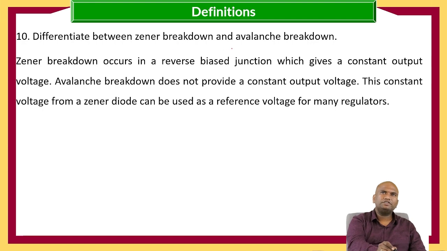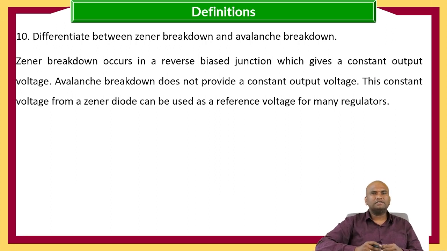Differentiate between Zener breakdown and avalanche breakdown. Zener breakdown occurs in a reverse bias junction where it gives a constant output voltage, whereas avalanche breakdown does not provide a constant output voltage.